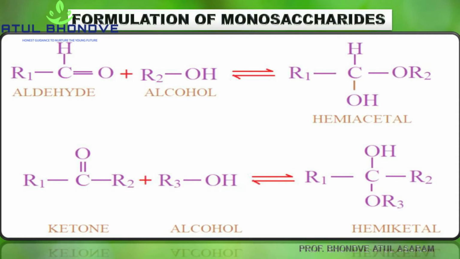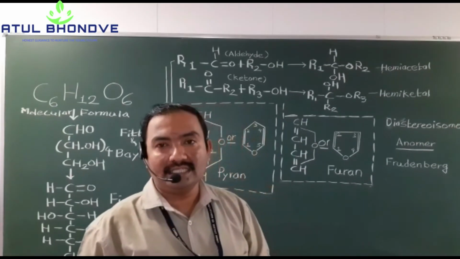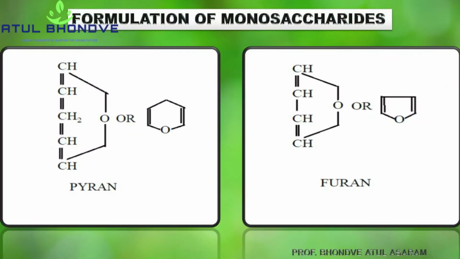And due to this interconversion, the intramolecular attraction is responsible for bending of the chain structure to form the ring structure, commonly called the pyran in the case of C1 C5 attraction, and in the case of C1 C4 called the furan structure.